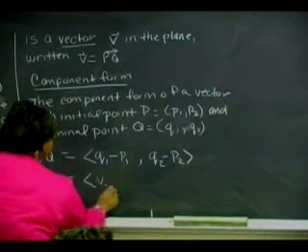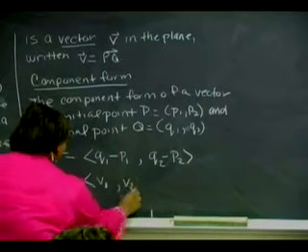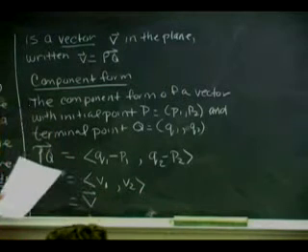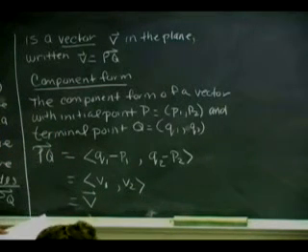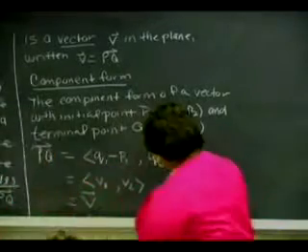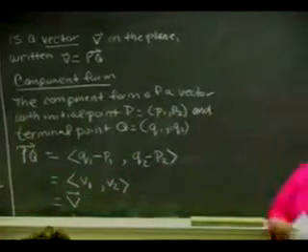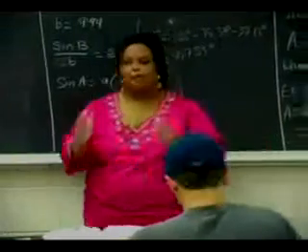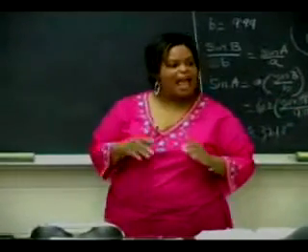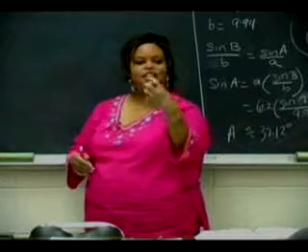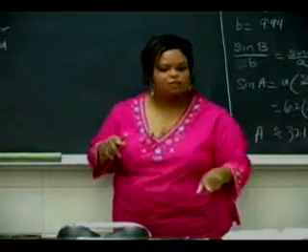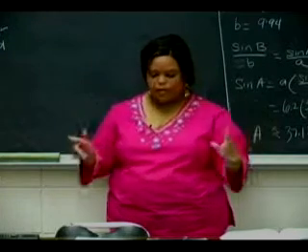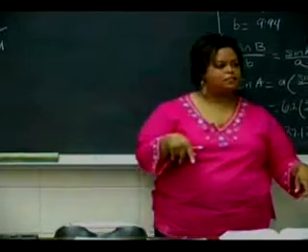This becomes our V1 and V2, which make up our vector V. Now let's talk about what they're doing here, the component form. We have a point just out there in space, right? It could be anywhere. When we get the component form of this vector, what happens is we push the initial point to the origin. Okay? That's what happens.